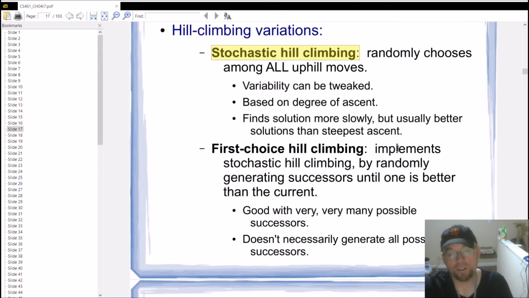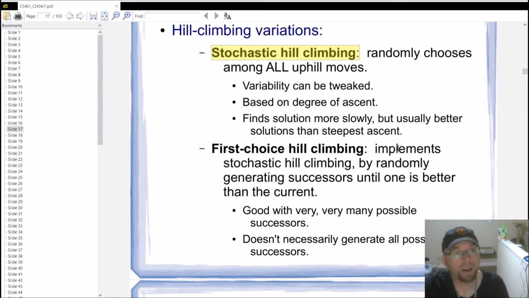So if the current node's value is 5 and one of the successor node's value is 7, well then there is your degree of ascent, your rise over run, as it were, okay? 7 over 5, okay? And then you might have another successor node that has a value of 10, right? So what's the difference? 5 and 5, right? 10 over 5. So then you could have your random probability be a ratio of those differences.